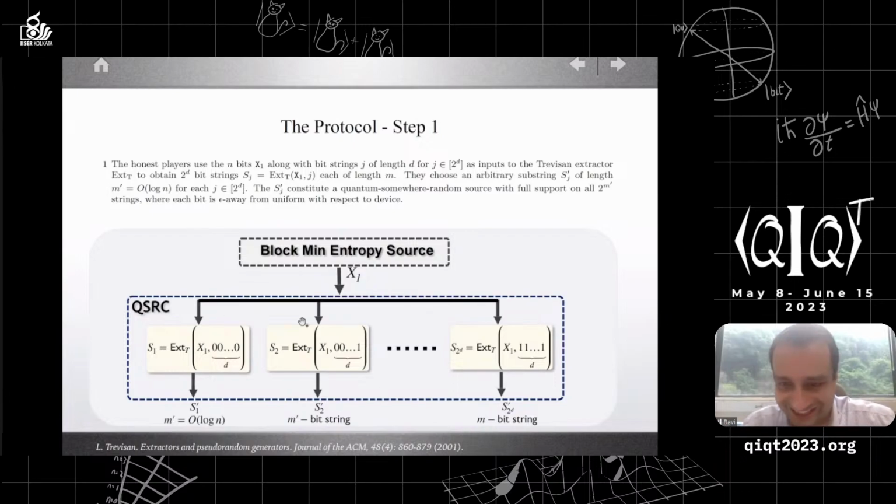That's the first technical step that produces such a string. So now we have m prime times 2^D bits, out of which we have some block of m prime bits that are epsilon away from uniform.